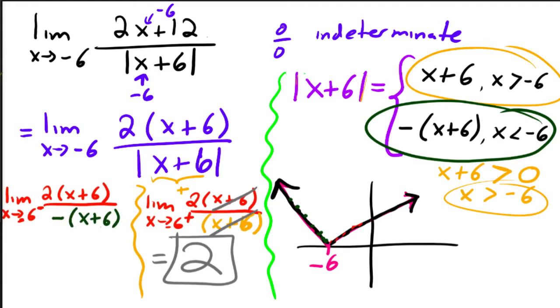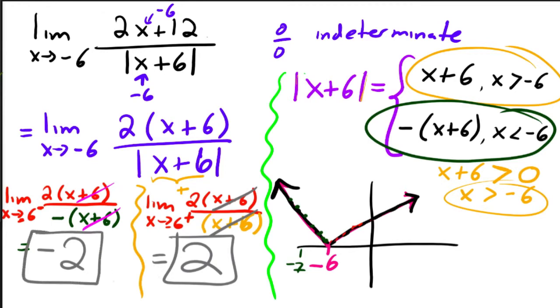And this makes sense because if x is less than negative 6, for example, negative 7, negative 7 plus 6 is negative 1, multiplied by the negative sign, you would get positive 1, making it match with this one. So these two are equal if x is less than negative 6. These again cancel, but this time you get negative 2.